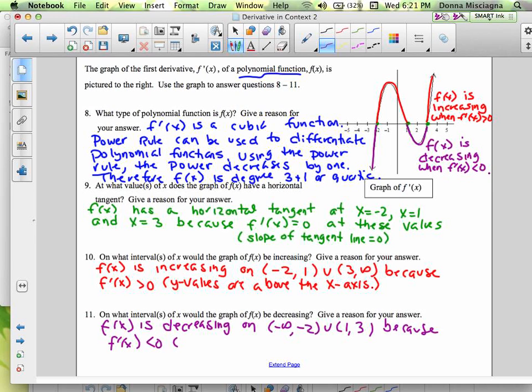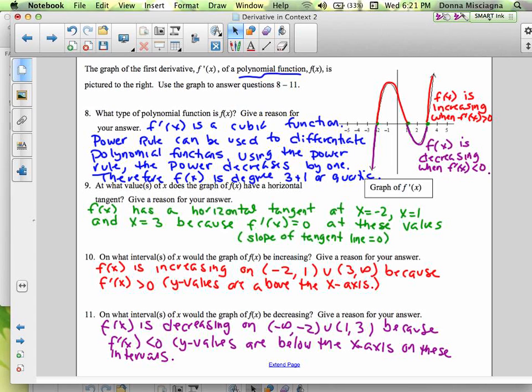So in other words, the y values are below the x-axis. And I should actually add on this interval, or on these intervals. Let me add the same thing to the one above it, so it's really clear that the intervals we're giving is where the function is increasing or decreasing, respectively.